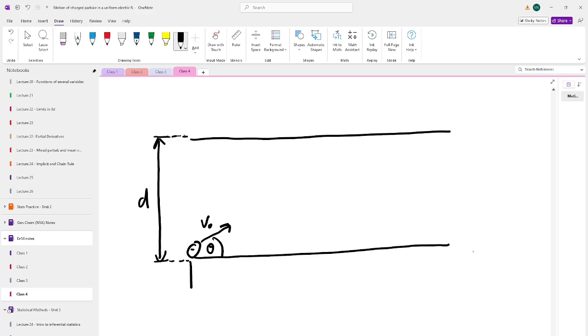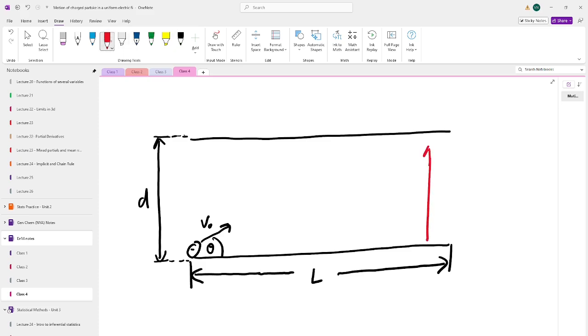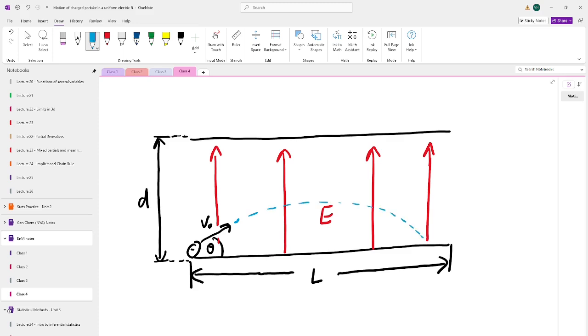I also know that this length here is L, and that the electric field is pointing upwards like that. So this is the E field, and then the trajectory will look something like that. Parabolic motion, and of course this is the positive plate, and this is the negative plate.